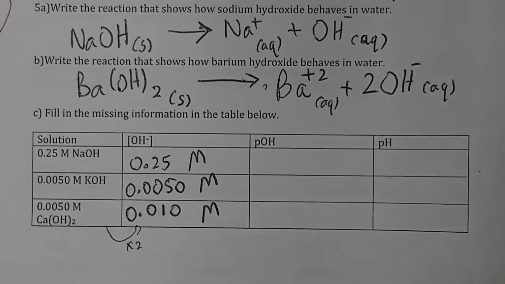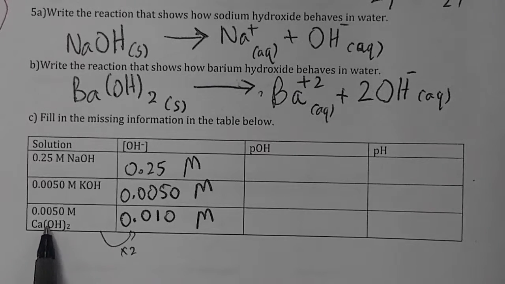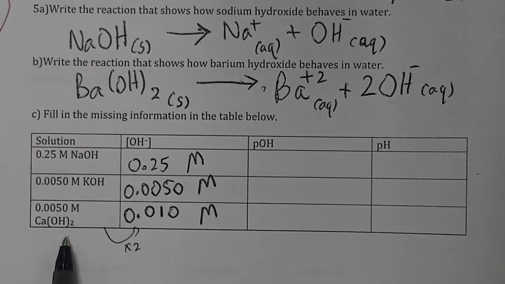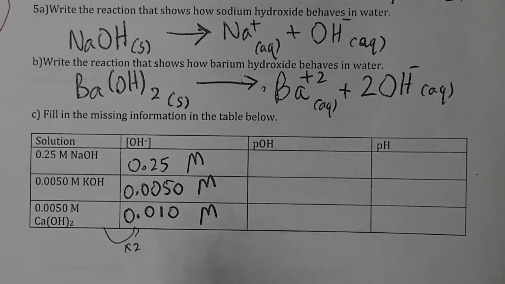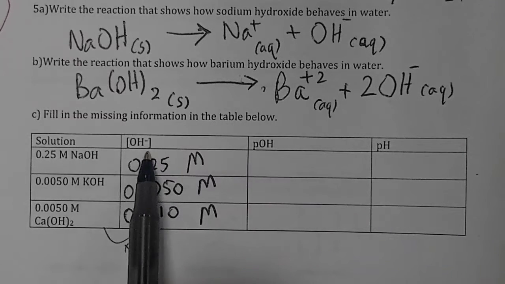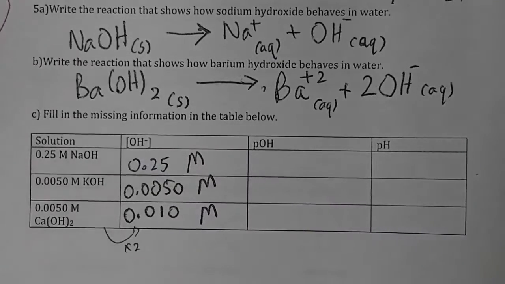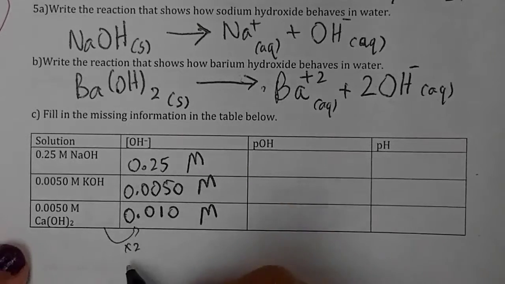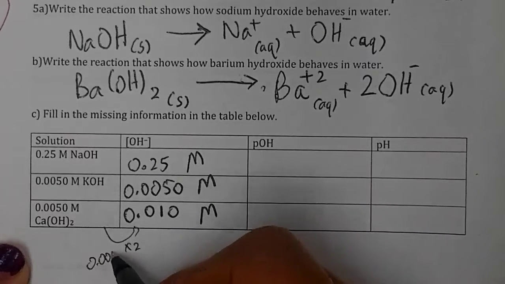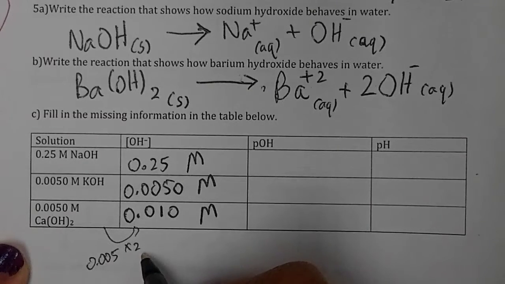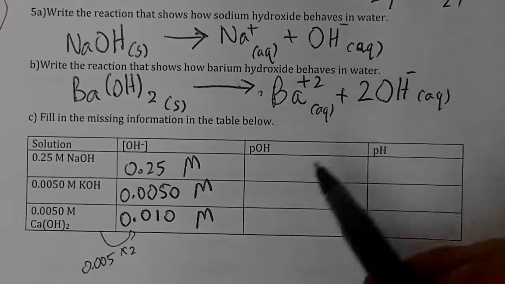Because for every one of Ca(OH)2, I'm going to break into 2 of the OH minus, right? Make sense? Yeah? 0.005 times 2.